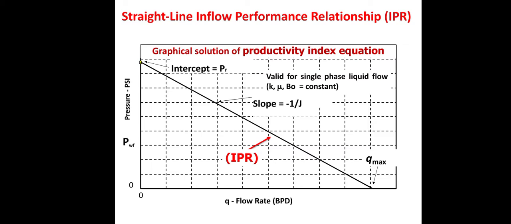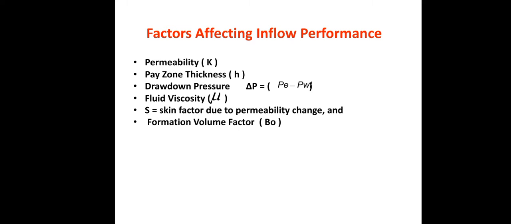Okay, good. Let's focus on our lecture of today, the factors affecting the inflow performance relationship. These factors are the permeability, which is K, and the pay zone thickness, which is H. The pay zone thickness is the average height of the formation which is producing the hydrocarbons.